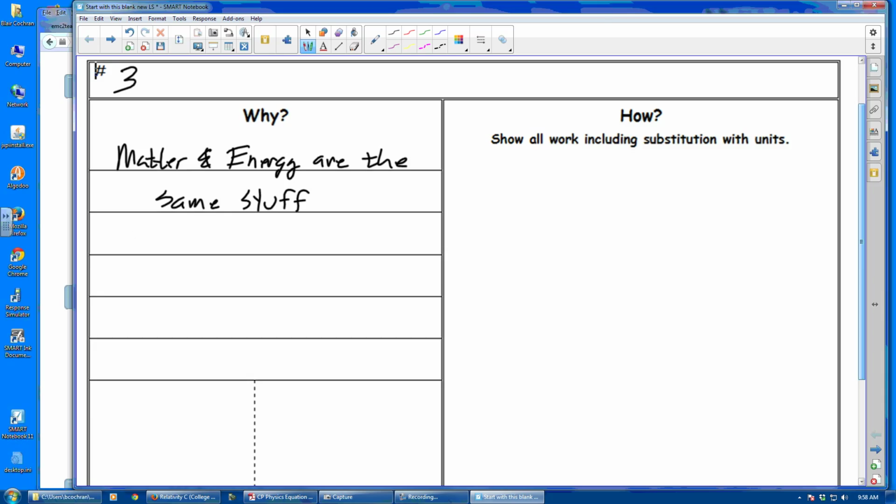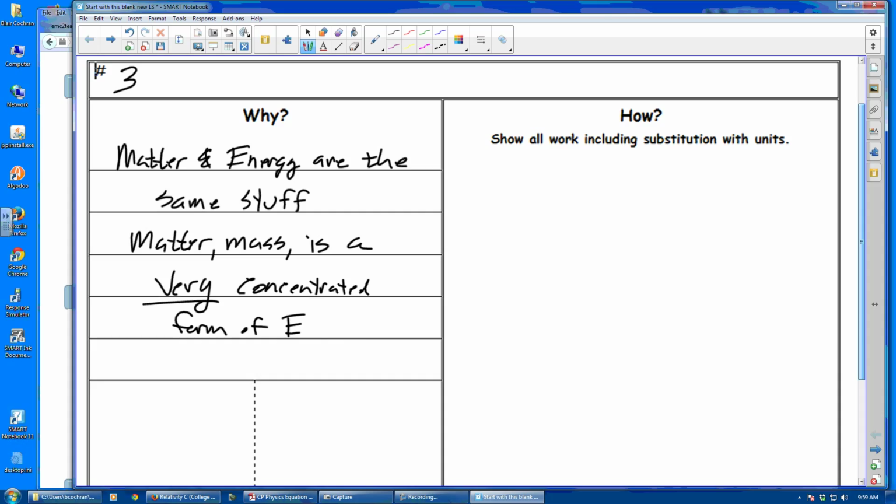And that matter, which is of course measured by mass, is a very concentrated form of energy.